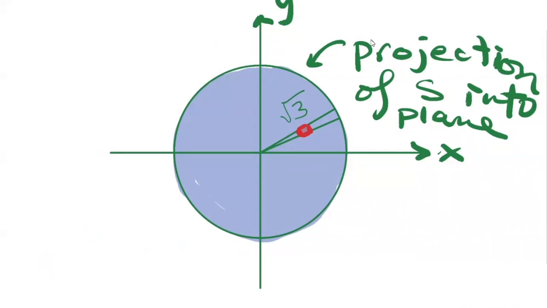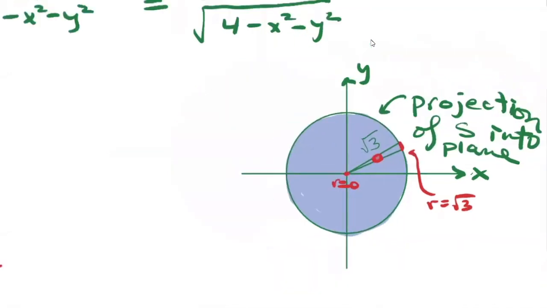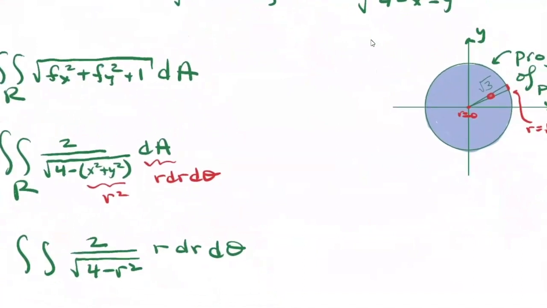At the tip of the patch, r is 0, and on the outside edge, r is the square root of 3. Those are your limits on r, from 0 to the square root of 3.